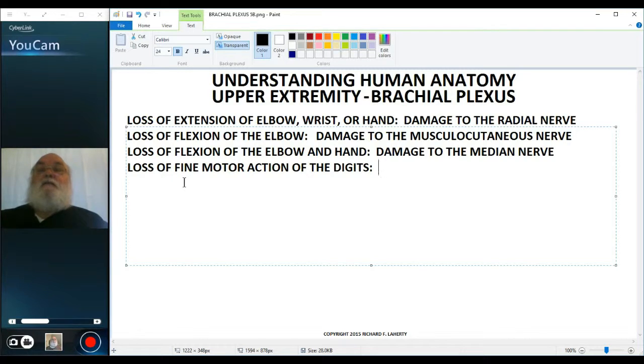Fine motor action of the digits is caused by action of the small muscles of the hand. So the muscles of the hand, again, we have some exceptions, but again, you go with the rule, the majority. Muscles of the hand are innervated by the ulnar nerve, so that would indicate damage to the ulnar nerve.